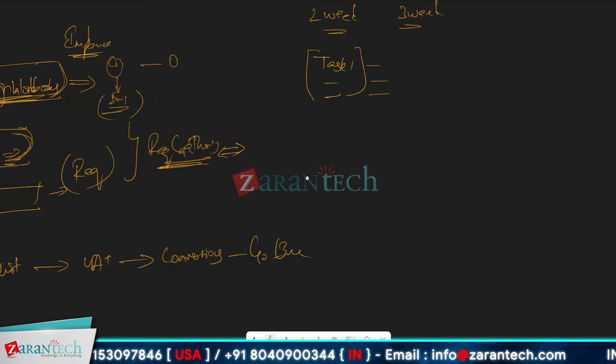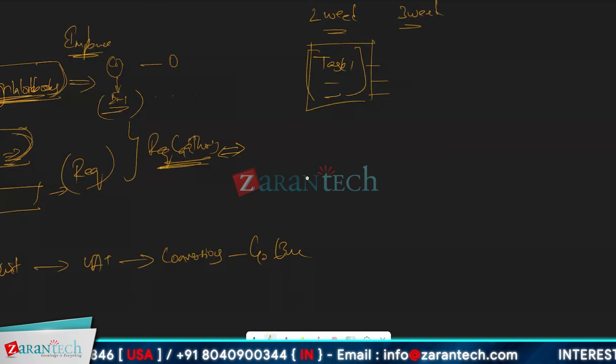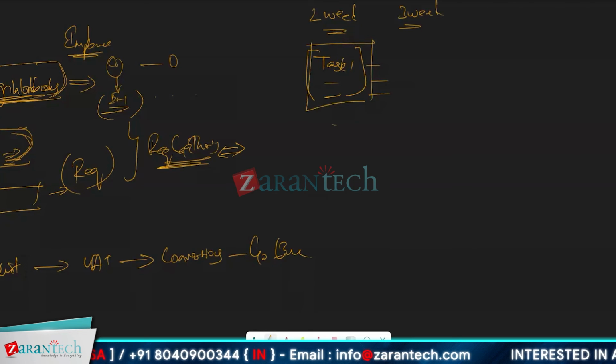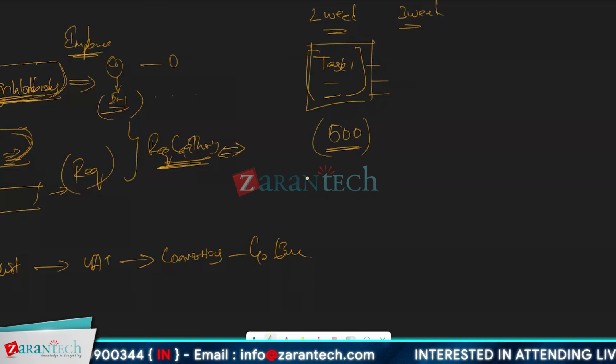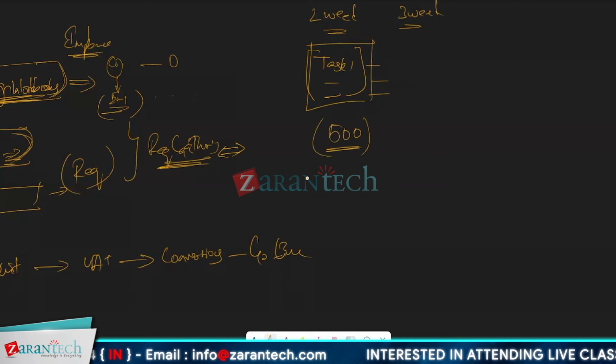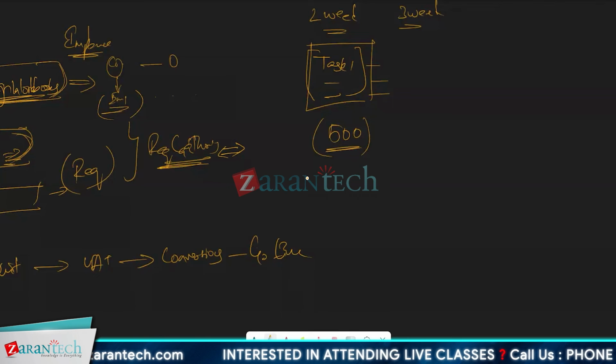So let's say you have a total list of 500 tasks that need to be completed. This is a very low ball, I'm just low balling the number 500. Generally it can go up to more than 1,000, but let's say you have 500 tasks that need to be completed in order to complete the entire configuration.